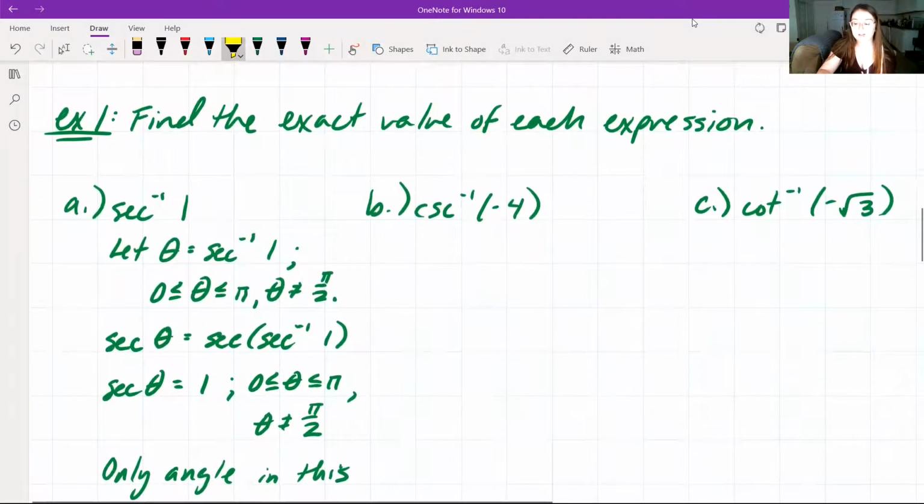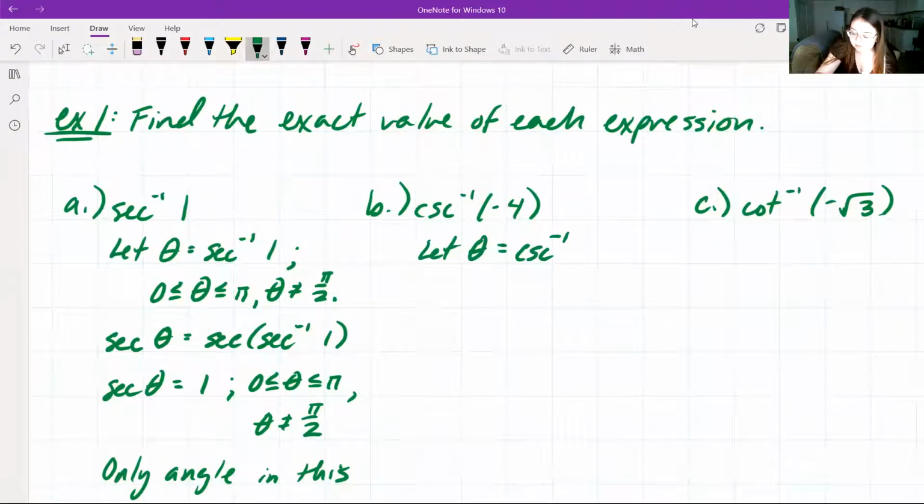All right, let's go ahead and do part B. For part B, we want to do the same thing. We're going to let theta equal cosecant inverse of -4.